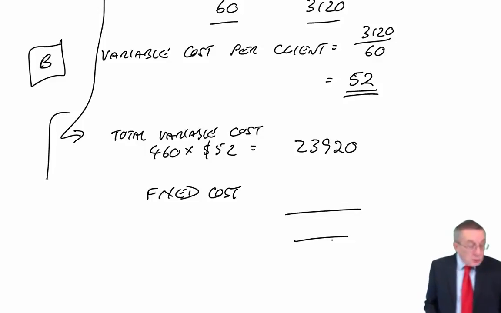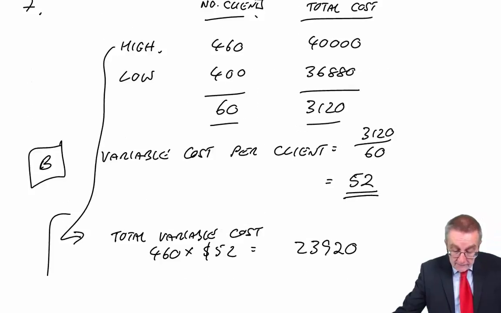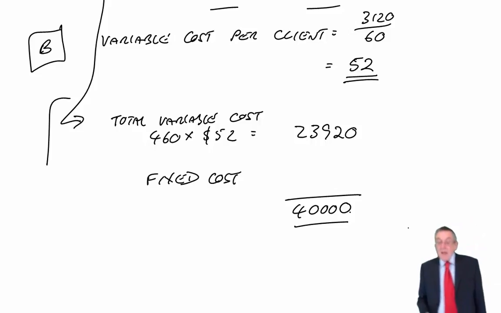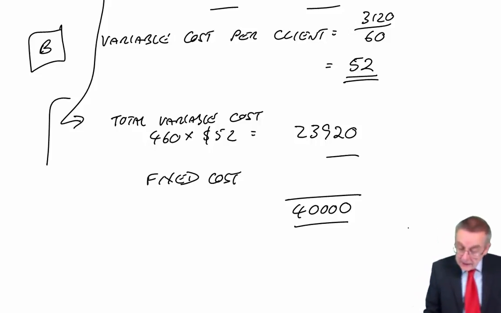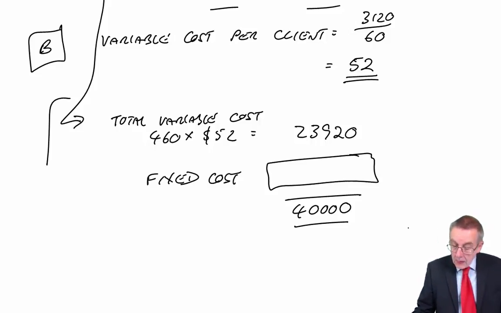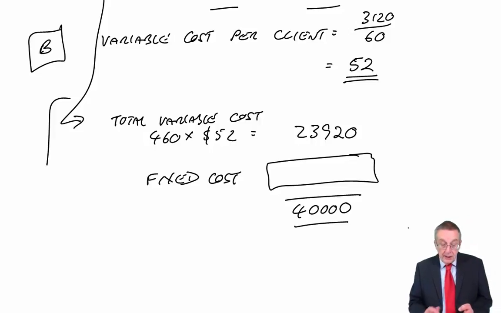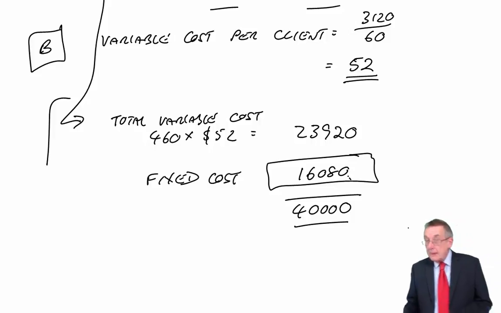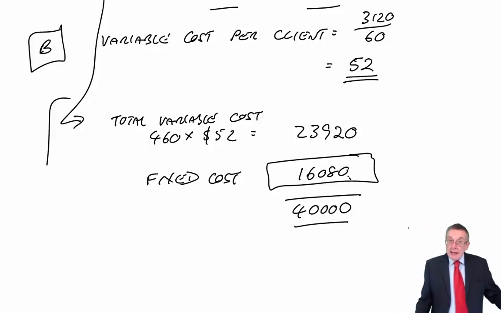And the total cost for the high one, 460, is 40,000. And so the fixed cost must be the difference. If the total's 40,000, and if the variable is 23,920 in total, the fixed cost must be 16,080. Which is what we had for B.